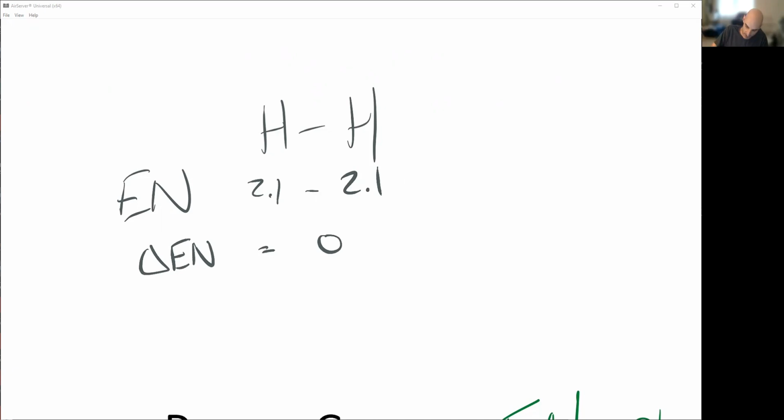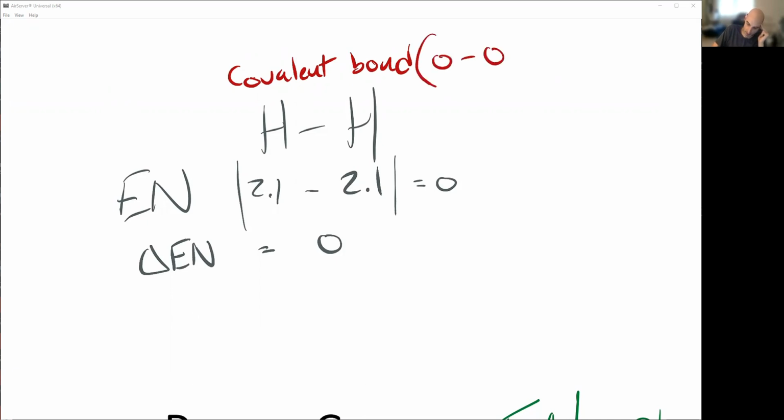We usually take the absolute value of it. This is a covalent bond, and a covalent bond is going to be between 0 and 0.4 difference in electronegativity.